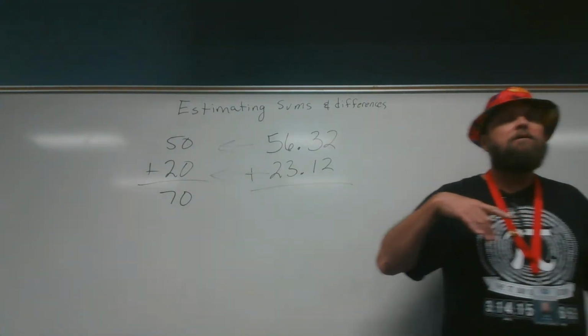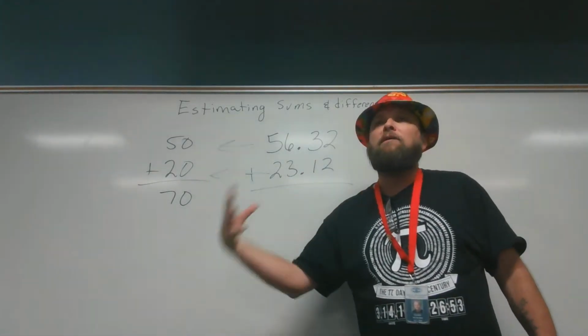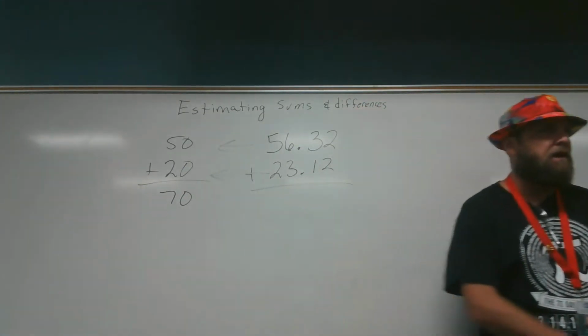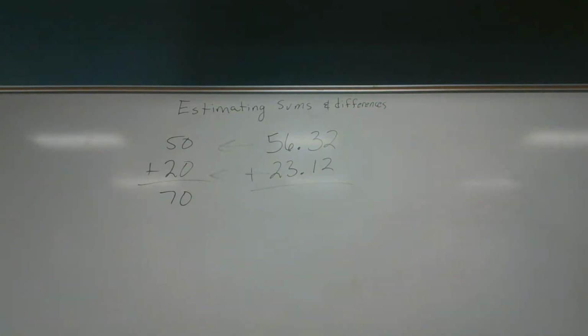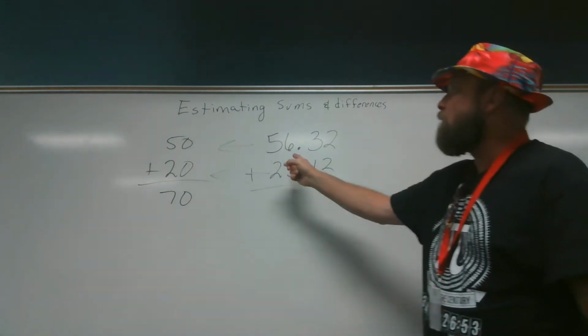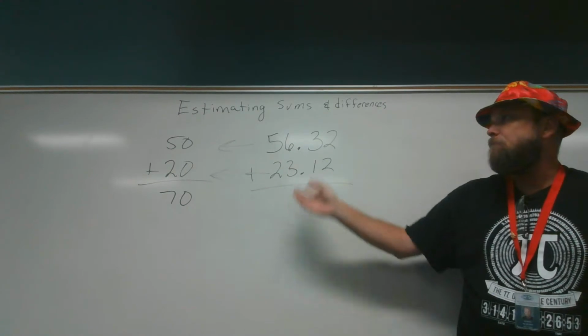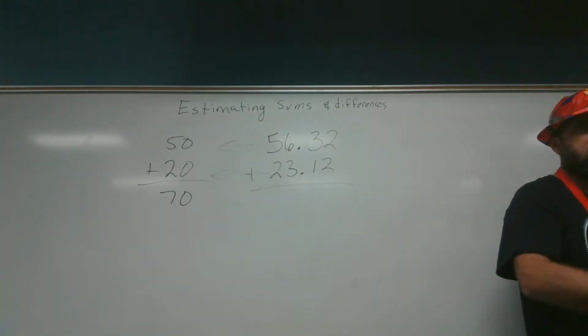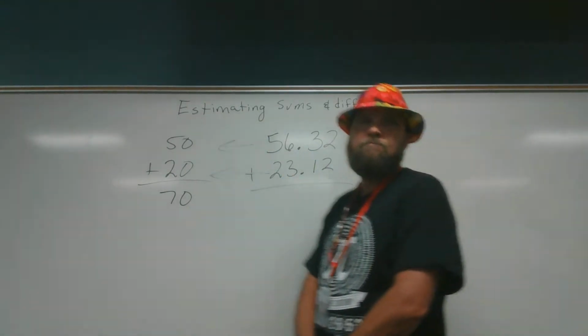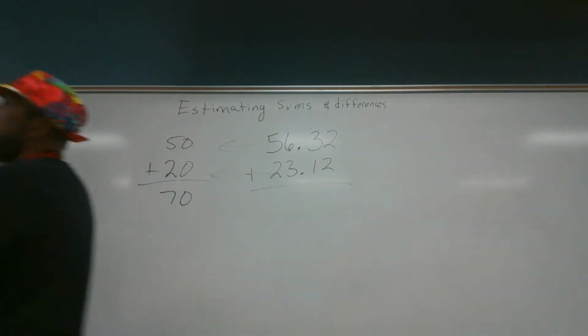When is it important to round down? Anybody have any ideas? What if I rounded this up to 60 and this to 20 or to 25 or 30? Isn't it something like 5 or more? Yeah, 5 or greater.